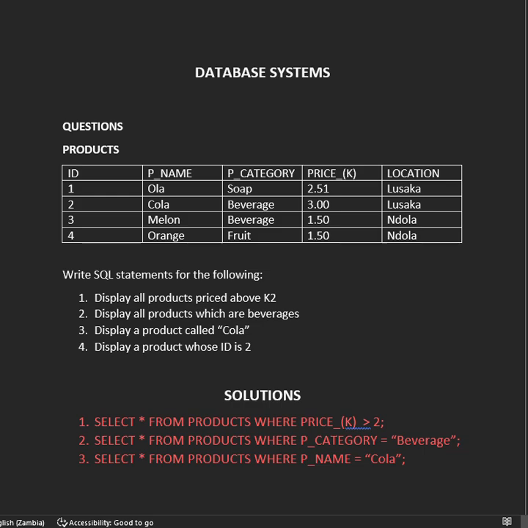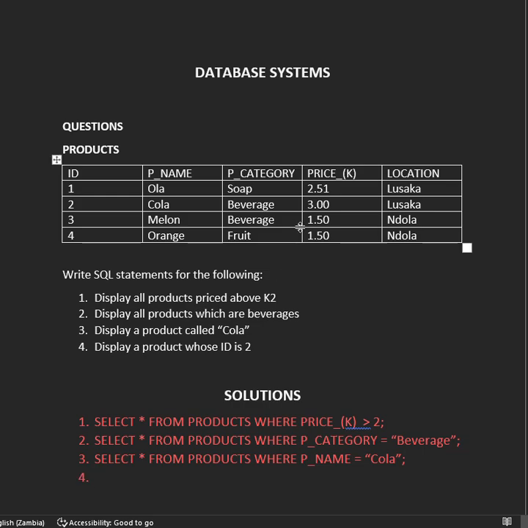You've successfully written this SQL query, and when it is executed, it will show that particular product.